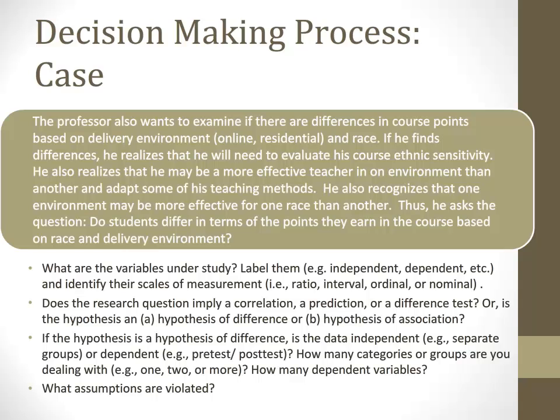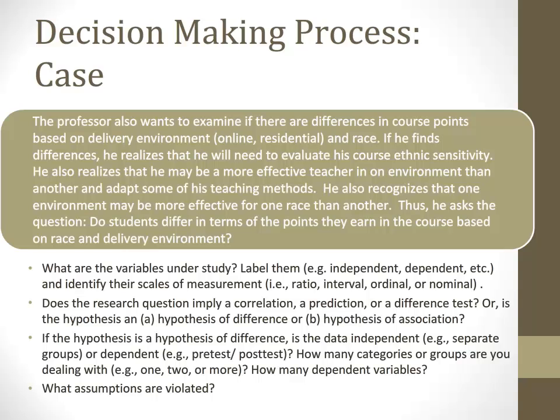We're looking then to influence one variable here, and have you determined what that was? Course points. Since course points are numbers, they can be rank ordered, 2 is higher than 1, and they can be measured, and there's an absolute 0. You can have 0 course points.